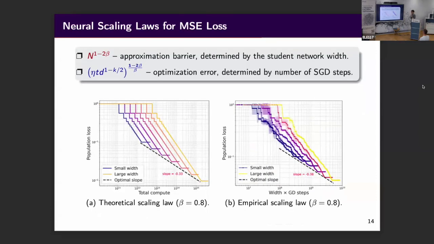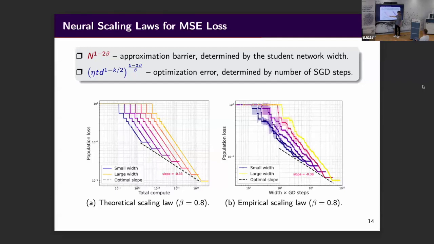Okay, so here are some figures. On the left, this is what the theory predicts in the infinite dimensional limit. Basically, the loss is going to drop every time I recover a new teacher direction, so it's going to have a sharp drop. And then as you learn more directions, eventually the loss becomes a smooth power law up to some approximation barrier.